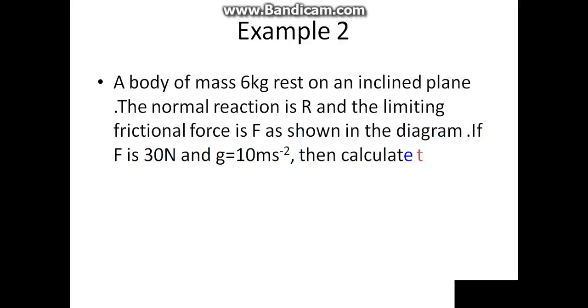Example 2. A body of mass 6 kg rests on an inclined plane. The normal reaction is R and the limiting frictional force is F, as shown in the diagram. If F is 30 Newton, and g is 10, the force of gravity, then calculate the angle of inclination theta, where mg sin theta is the force pulling the mass down the plane.